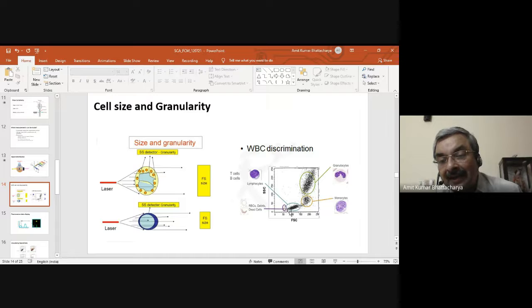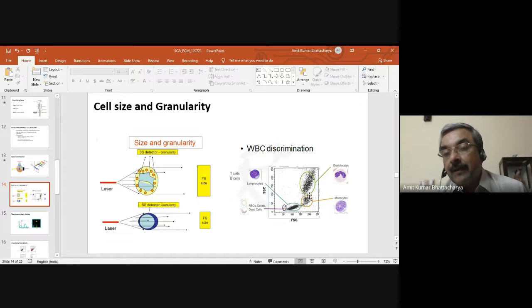But we also find that lymphocytes are less granular than the monocytes, and inside the monocytes there are more granular particles available. Because the granularity has gone up, the side scattered light is more, and therefore you find that the side scatter value is more as compared to the side scatter value for the lymphocytes.